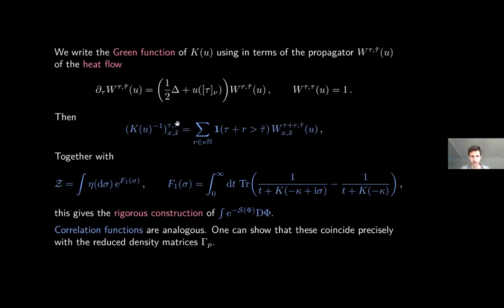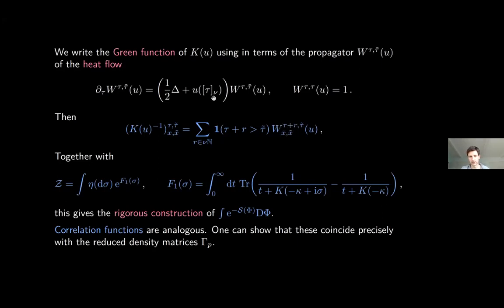The first space-time coordinate is tau tilde, x tilde, and the second space-time coordinate is tau, x. This can be written as a periodic sum, where r is going to be a multiple of nu, and you basically sum over all r's for which this thing makes sense.